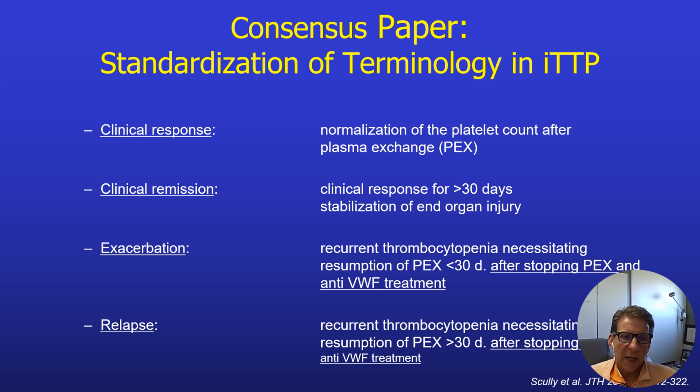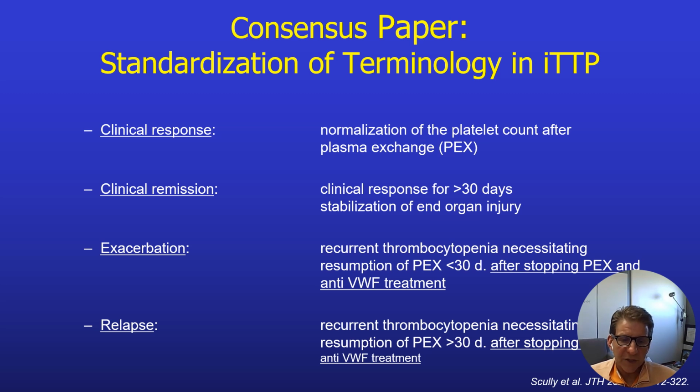So it's important to talk about standardizing terminology, both for clinical care but also for research. This was done a couple of years ago with a consensus paper from the TTP International Working Group. We standardized the definitions as you see here: a clinical response is normalizing the platelet count after getting plasma exchange. A clinical remission is a clinical response that lasts for 30 days after stopping plasma exchange.